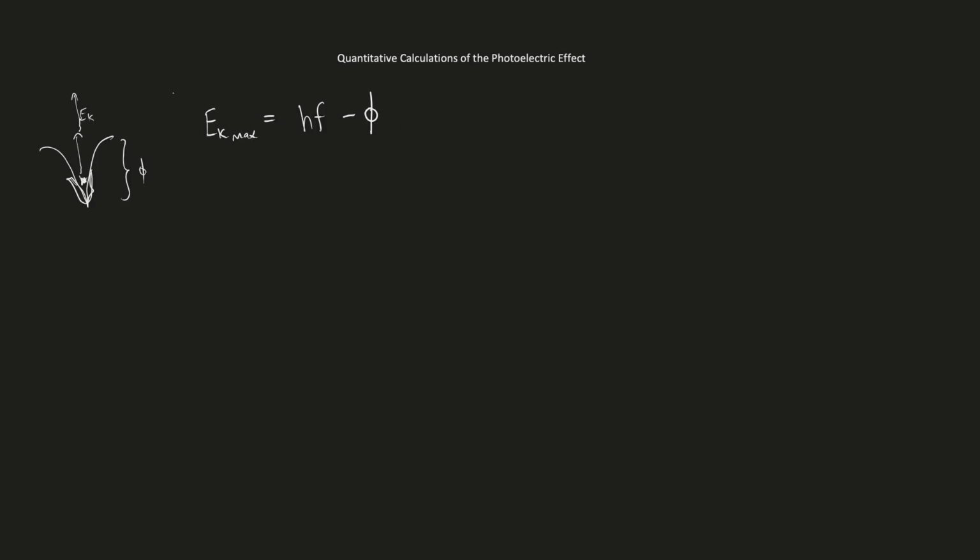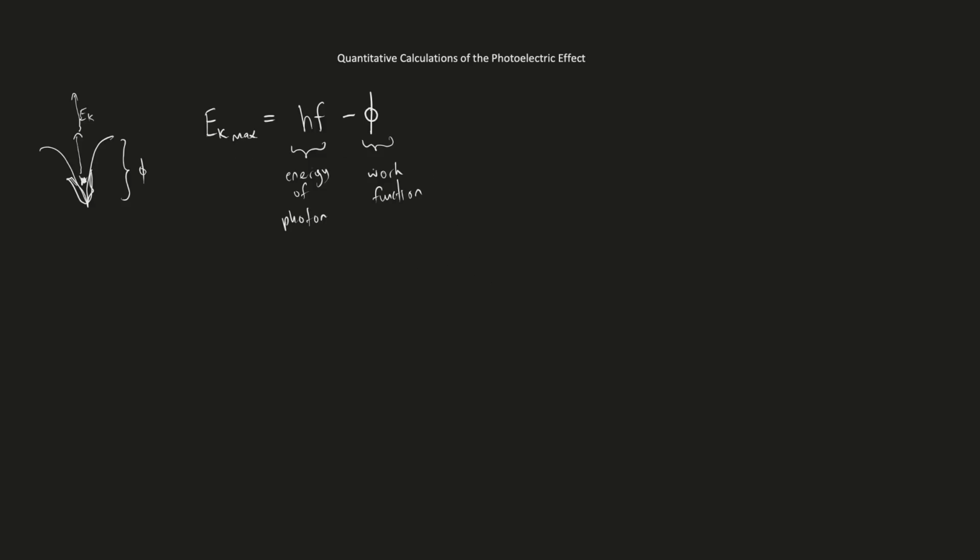This equation gives us a nice representation of what's happening in the photoelectric effect. This is how much kinetic energy it ends up with: the energy of the photon minus the work function, the energy required to remove that electron from the surface.